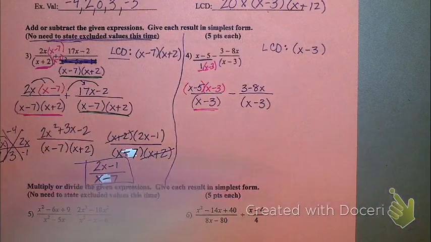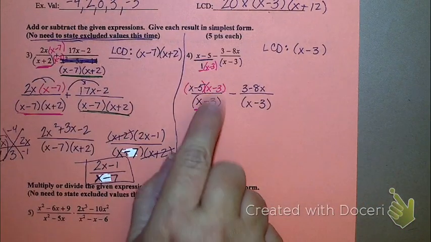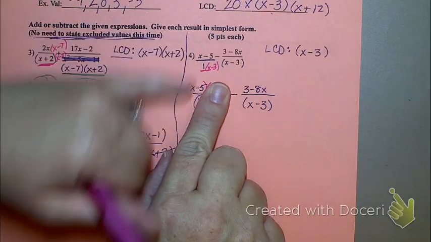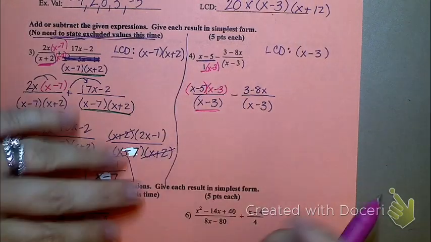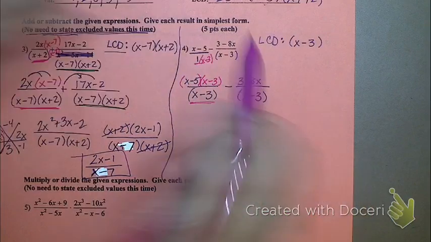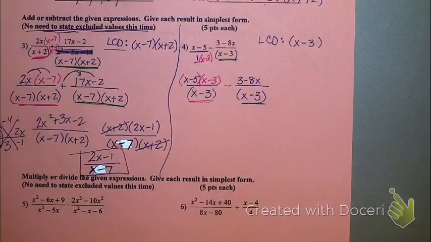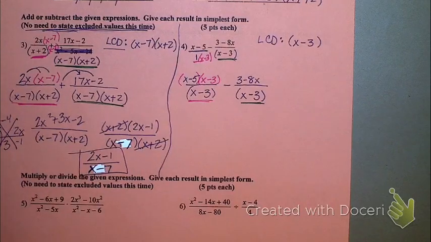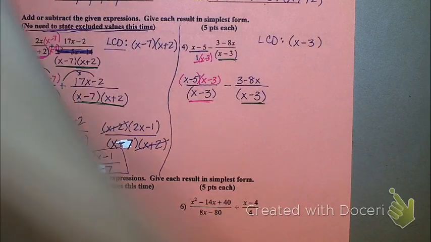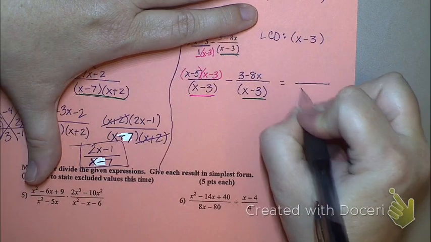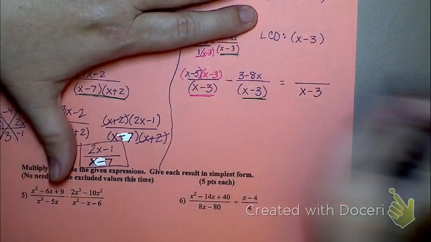Okay? And again, I should be able to just kind of cover up what could cancel and see the original fraction there, because I'm unreducing. Do I need to do anything for my other fraction? No. Why not? Already got it. Okay? So I know that my answer, or the result here, is going to be over x minus 3.